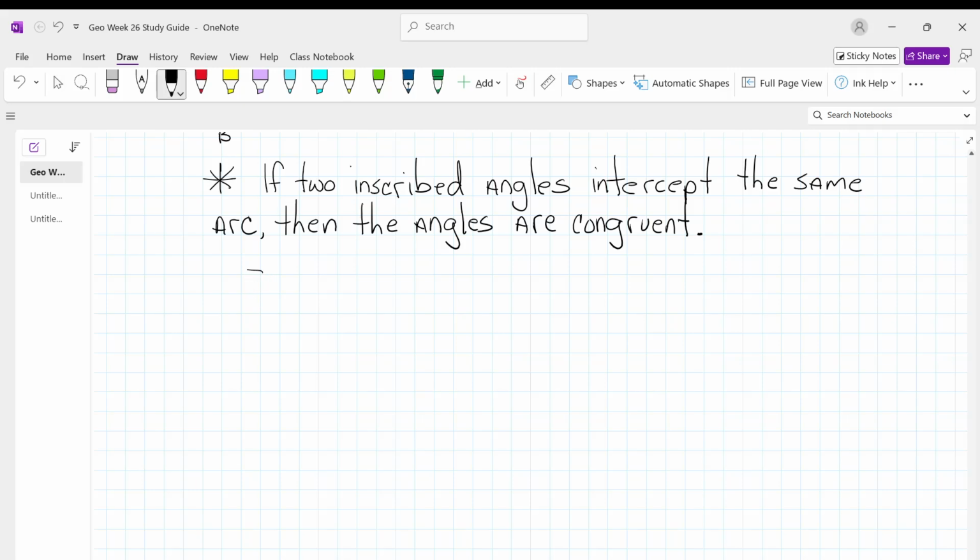So in a circle, if we put an inscribed angle here, we'll go with points M, N, and O. And then we have another inscribed angle.